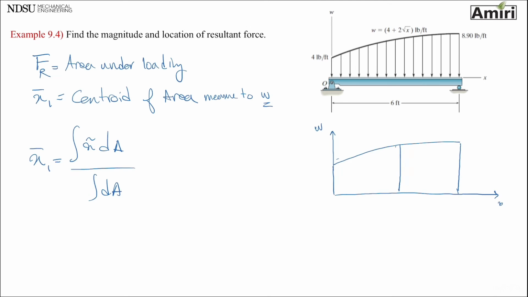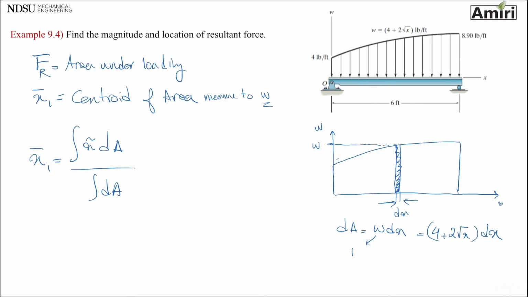I am going to draw an element like this at an arbitrary random location, dx, and any given amount of time it's going to be w. So dA is w dx. I have an equation for w, which is 4 plus 2 square root of x, dx. That's my dA.